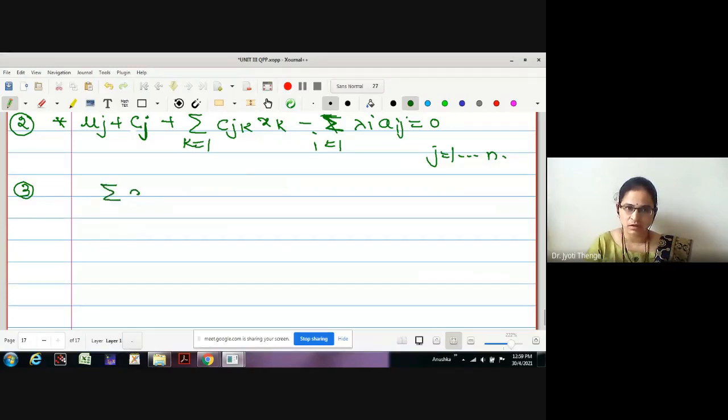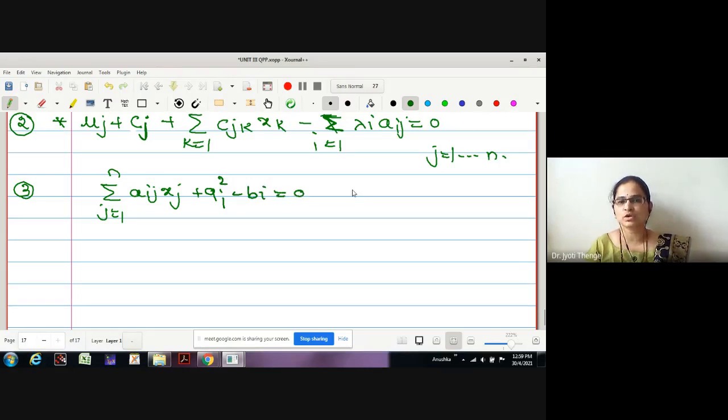Summation aij xj, j equals 1 to n, plus pi square minus bi is equal to 0. How many such i do we have? 1 to m. What does 4 result into? Minus xj plus rj square.